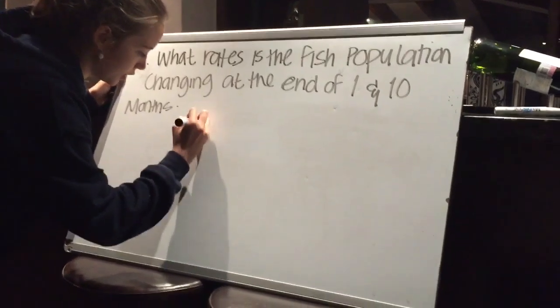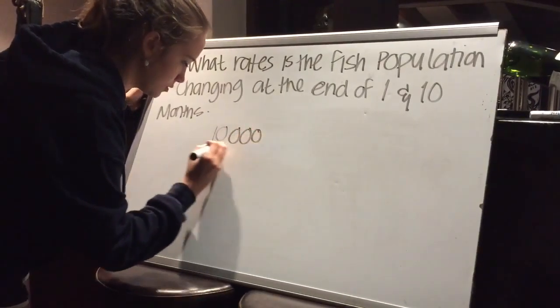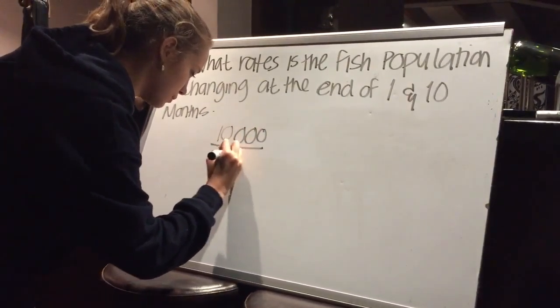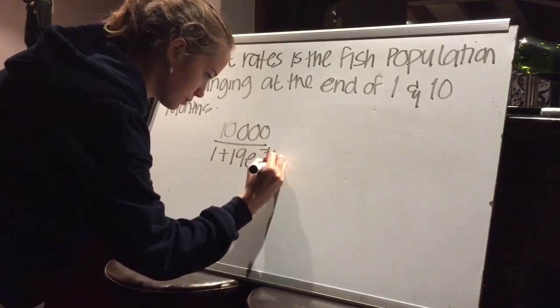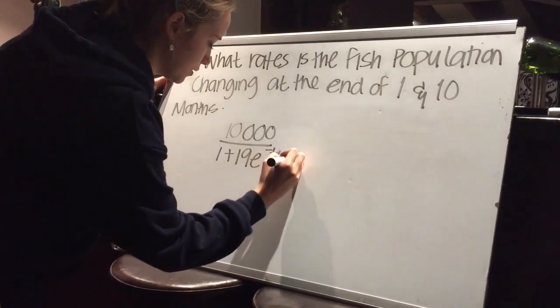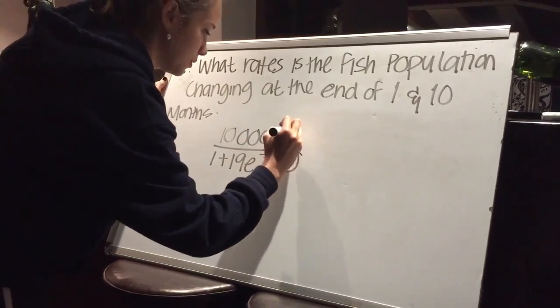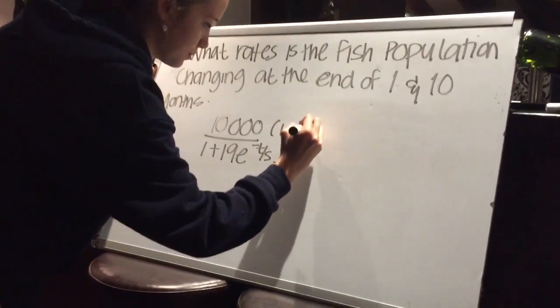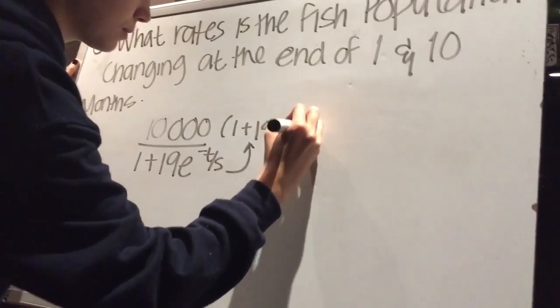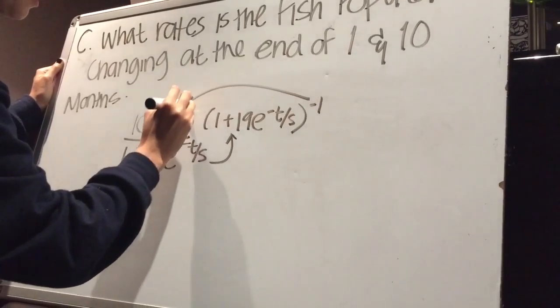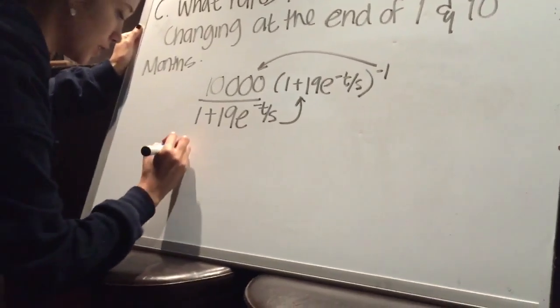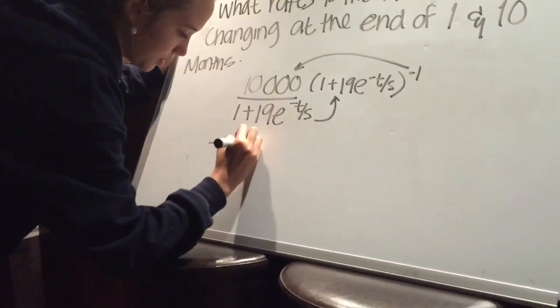So we have our equation, and we pass this to the top with a negative 1, and we apply it to this number, having a negative 10,000.